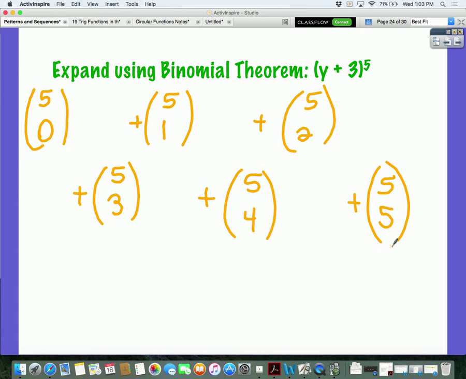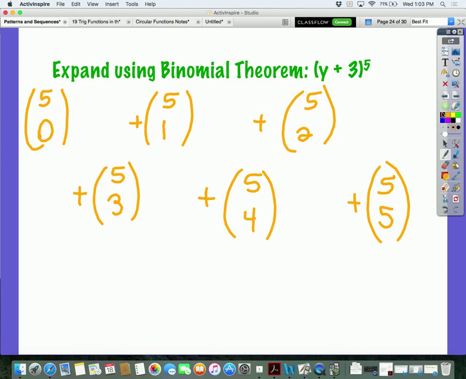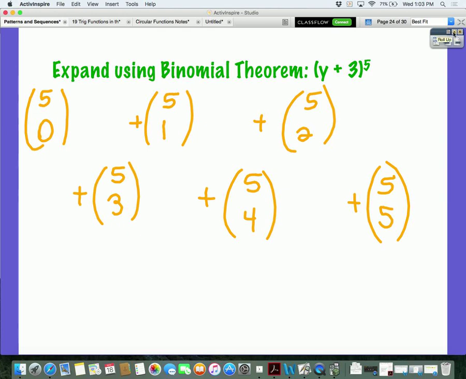And then my first term, which is y, we start with n, and then we decrease our exponents by 1.